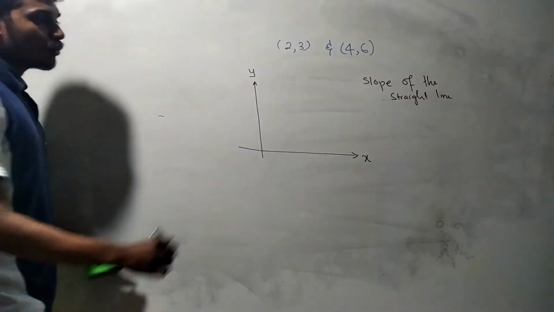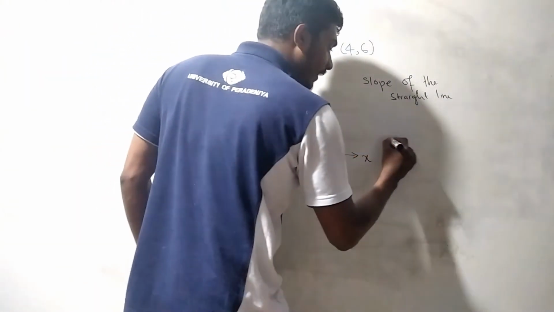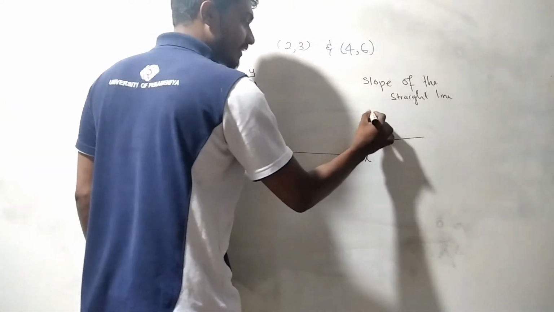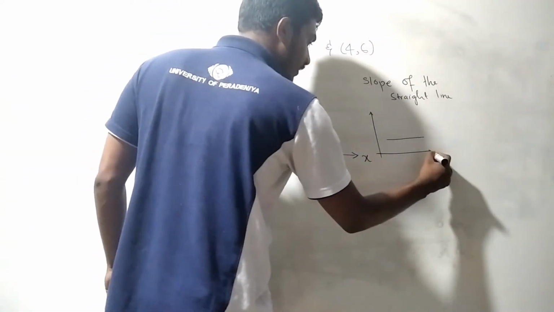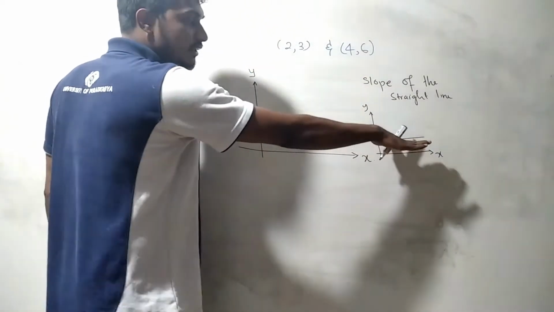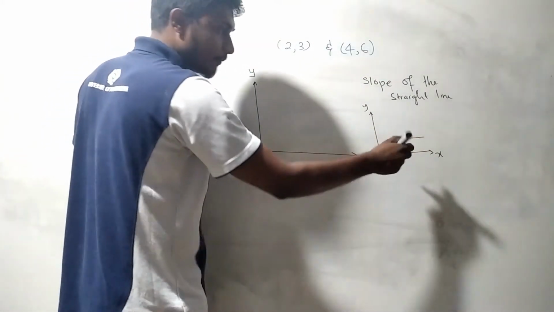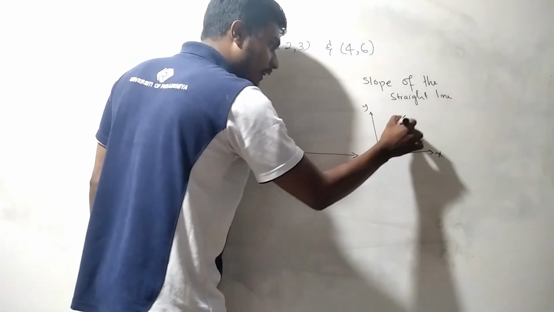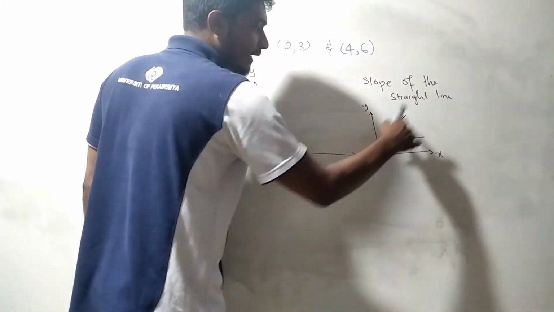Now if you have a line like this, let's say this is your y coordinate and this is your x coordinate. Look at the slope. The slope is quite low here compared to a line like this.